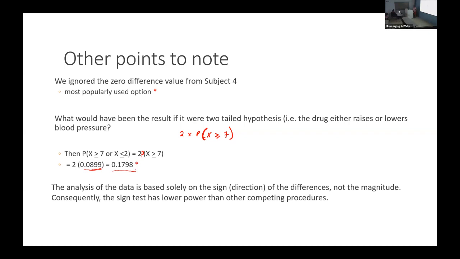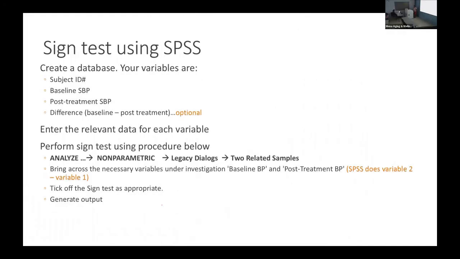Wonderful. Now remember, the analysis of the data is based solely on the sign or the direction of the differences and not the magnitude. Consequently, the sign test has lower power than other competing procedures, because it didn't even take the magnitude into consideration.